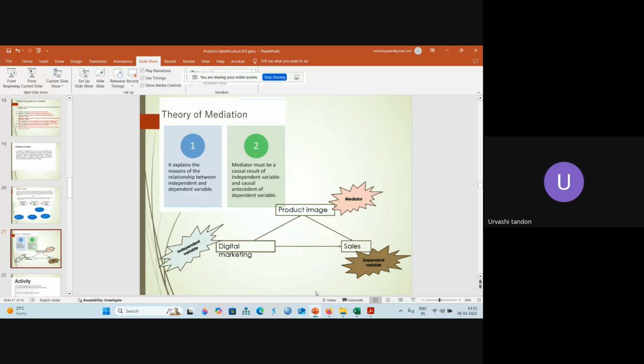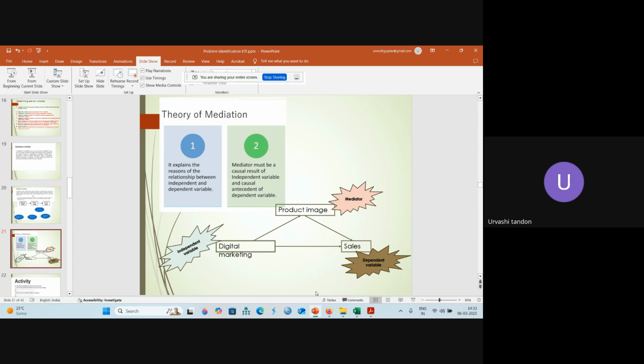And again, product image should be one of the factors that leads to an increase in sales, right? So this says that digital marketing leads to product image, and this product image is a mediating variable.